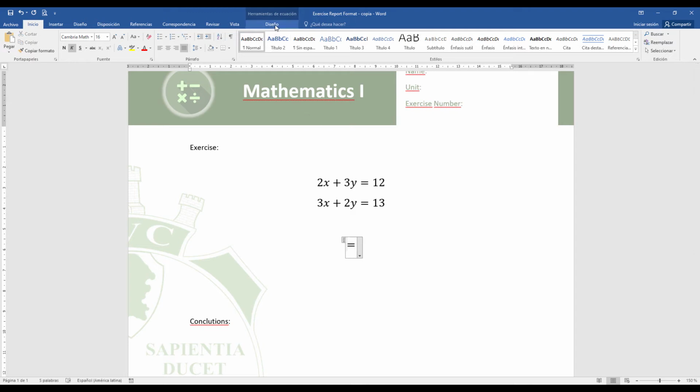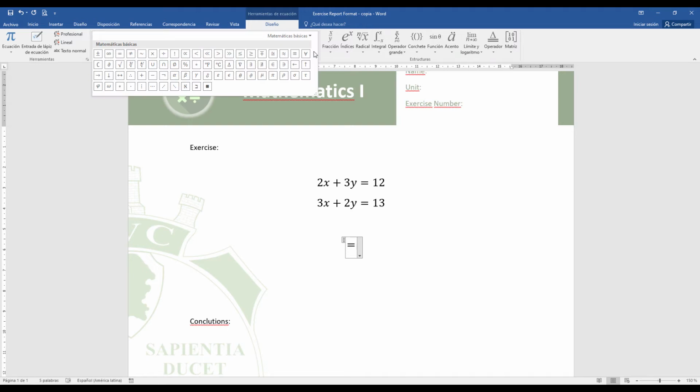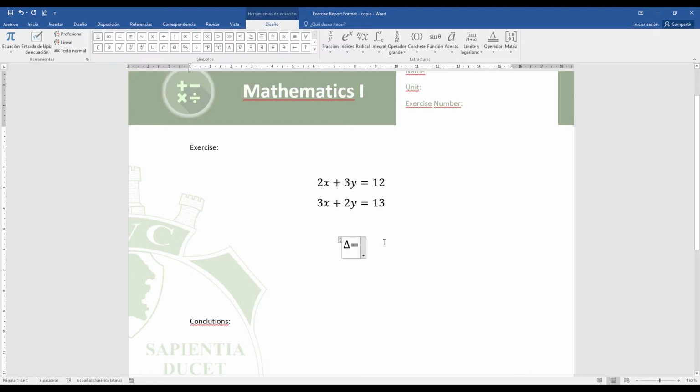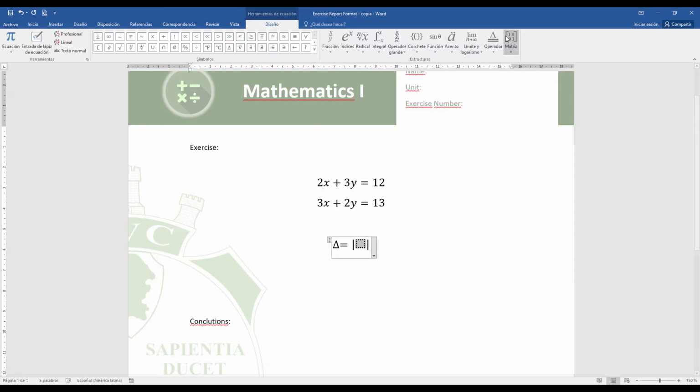Here I will calculate first the delta. We need a matrix of 2 by 2, so you put here the values of the coefficients.